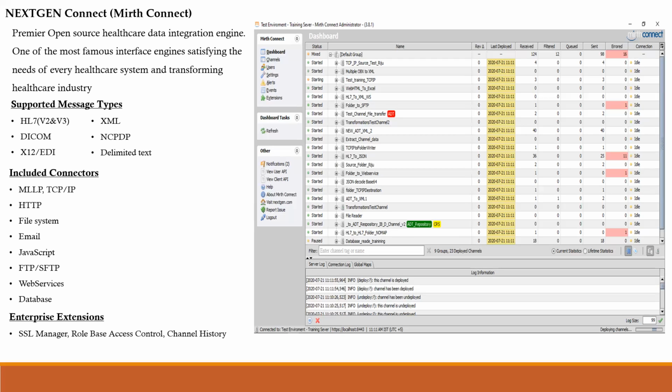So role-based access control is a user management console where you can define what a certain user can do. By default, whoever logs into Mirth Connect freeware, which doesn't have these enterprise extensions, is an administrator on the application. They can do whatever they want. They can delete interfaces, create interfaces, look at the code, and do many other things an admin can do.